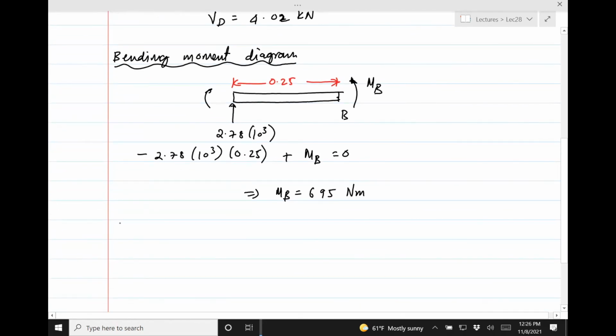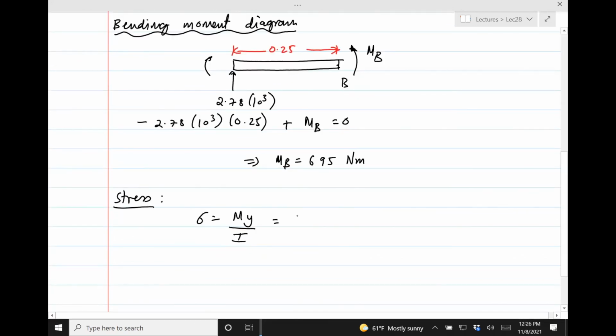Let's get the stress. So the stress equation is stress is My divided by I. The y is the distance from the neutral axis, right? This is y. In this case, y is d divided by 2. And I is the inertia.